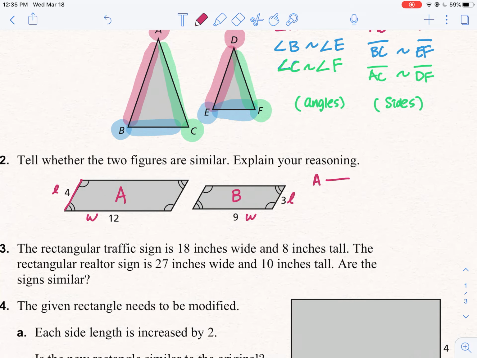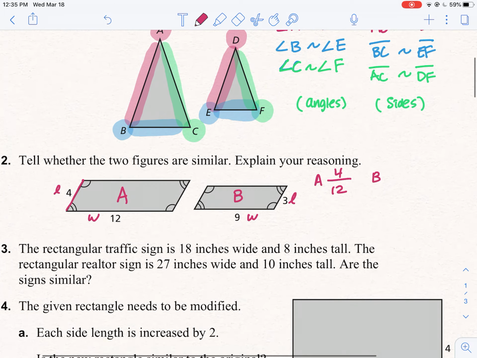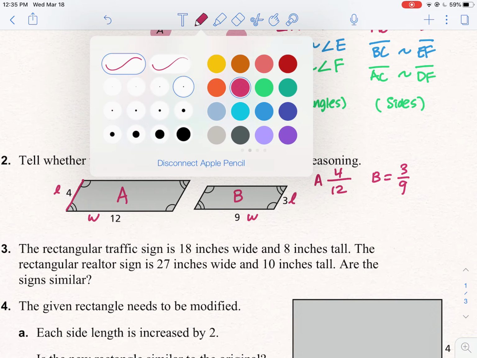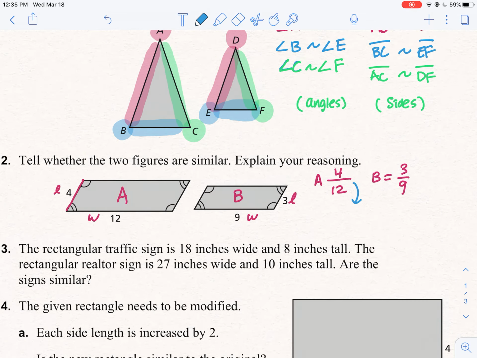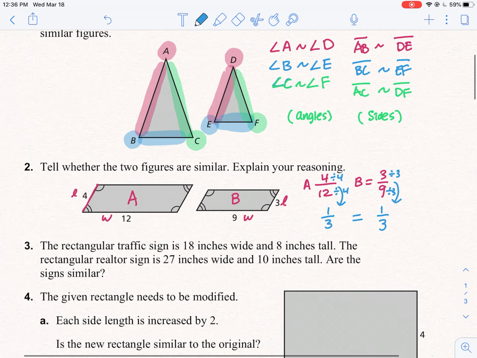So for example, for A, I'm going to put 4 over 12, and B is going to be 3 over 9. If you simplify 4 over 12 into the simplest form, you divide it by 4. It's going to be 1 over 3. If you simplify B, you're going to divide it by 3, and you're going to be left with 1 over 3. Guess what? They have the same ratio, so they are going to be similar figures.